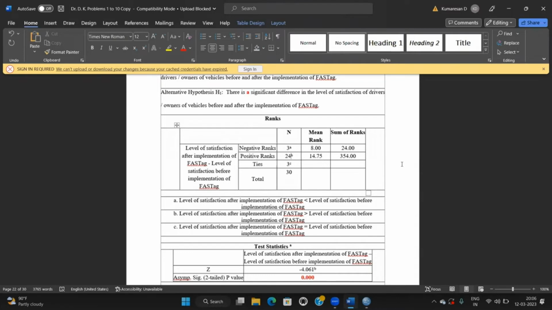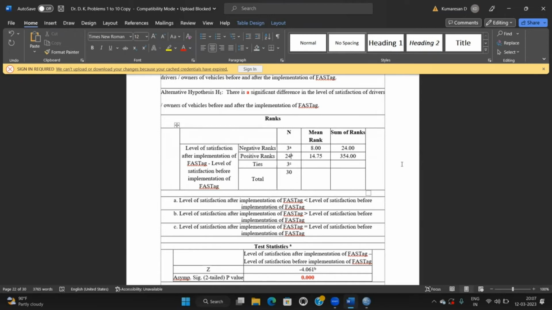If negative ranks are more, then we can say the satisfaction level after implementation of FASTag is reduced. That means they are not satisfied with FASTag.